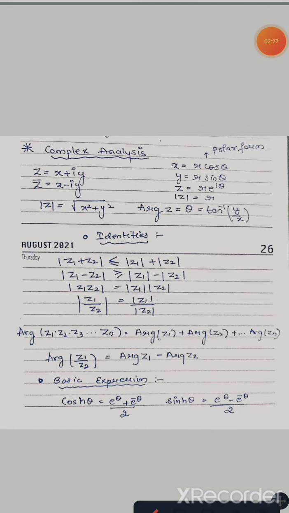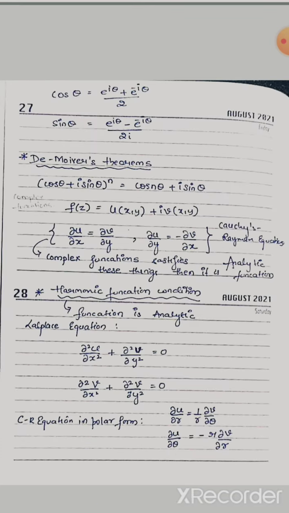And the basic expressions that you should be aware of are: first, how can we represent a cos function or a trigonometric function in terms of exponentials? That is, cos hyperbolic theta is e to the power of theta plus e to the power of minus theta by 2. Sin hyperbolic theta is equal to e to the power of theta minus e to the power of minus theta by 2. Okay. Next thing, cos theta is equal to e to the power of i theta plus e to the power of minus i theta by 2, and sin theta is equal to e to the power of i theta minus e to the power of minus i theta by 2i.